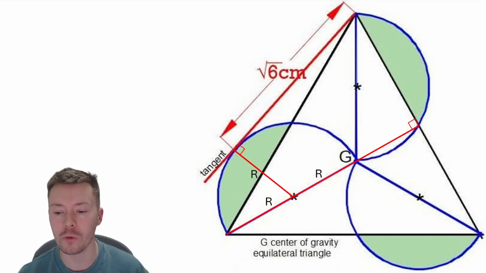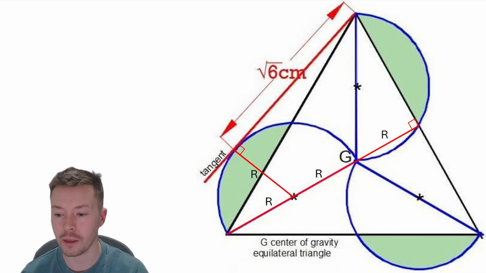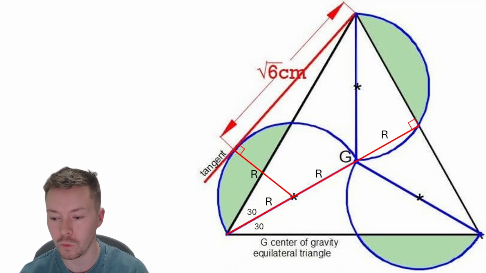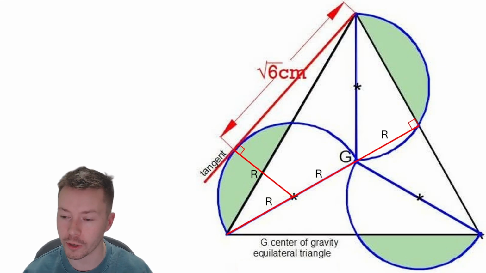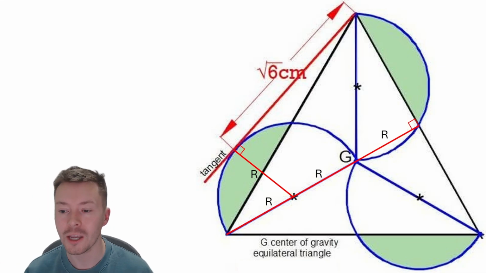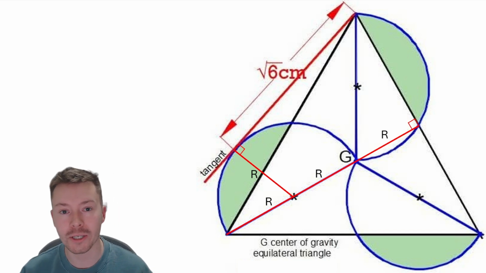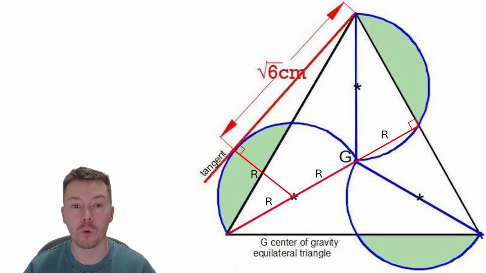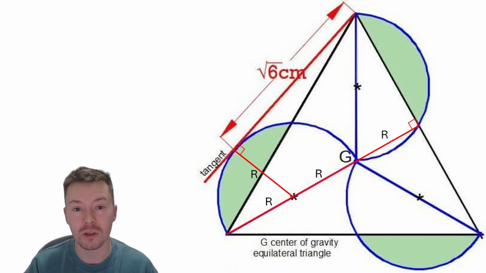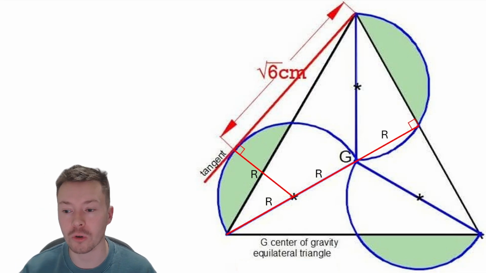So what I then know from this, I've got my radius, is that the length from G here to my right angle is going to be R. I've given you a bit of a spoiler for the next bit, but the reason this is R is because the distance from each corner, if you do a straight line to the center of gravity, is 2/3 of the distance from the corner to the opposite side of that triangle.